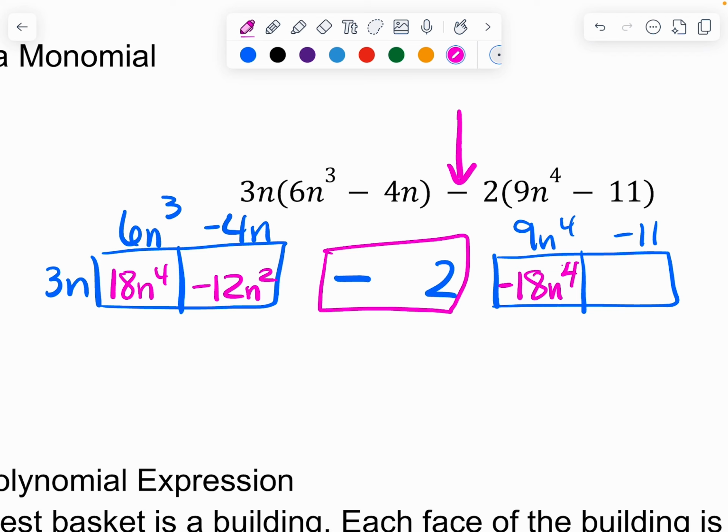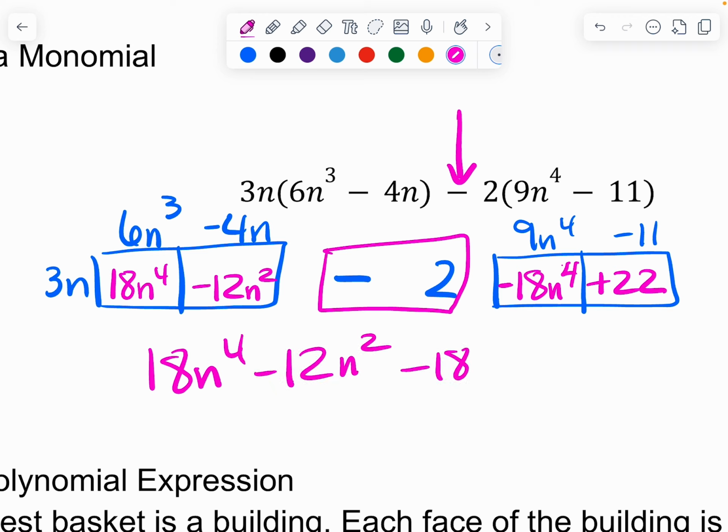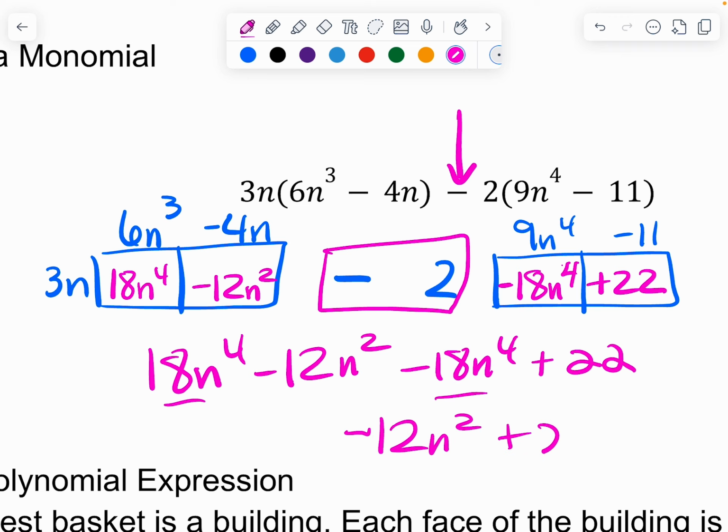And negative 2 times negative 11 is going to get a plus 22. So I have 18n to the fourth minus 12n squared minus 18n to the fourth plus 22. Combine like terms. Oh, look, these cancel out. So I have negative 12n squared plus 22.